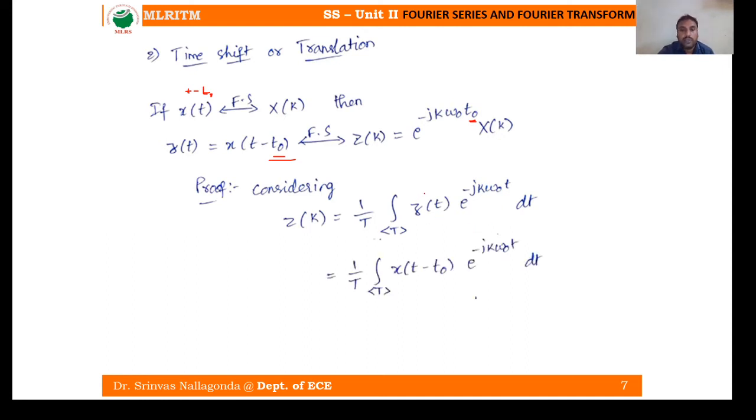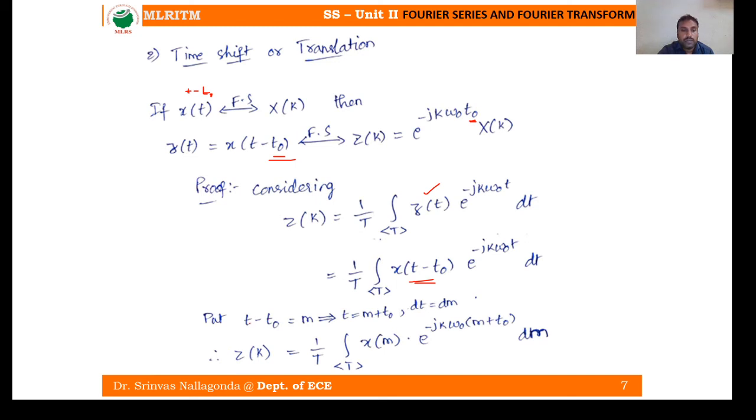Now what is z of t? z of t is x of t minus t naught. Multiply with this e power minus jk omega naught t. Then put t minus t naught equal to m. From this, t is equal to m plus t naught, dt is equal to dm. So z of k is equal to 1 by T. What is t minus t naught? m. So x of m, e power minus jk omega naught, and t is m plus t naught.